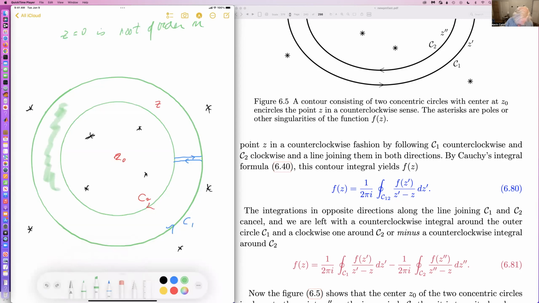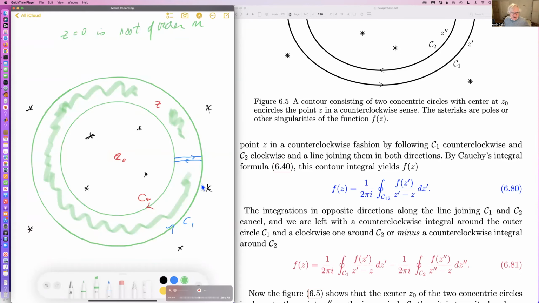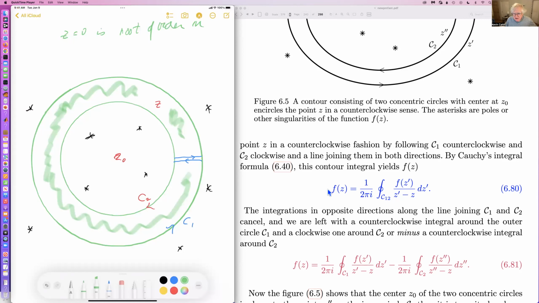So this region here is a region of analyticity, and it's an annulus, which is something in between two circles. And so if we do this funny integral along this contour, which now is blue here, and unfortunately over here is green as well as blue, by Cauchy's integral formula, f of z is given by that.